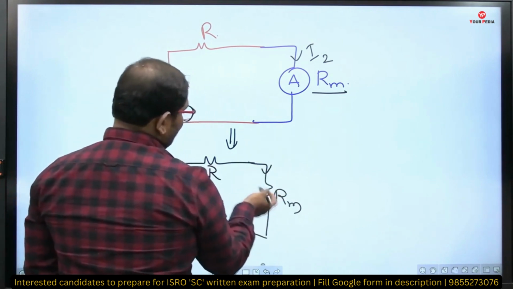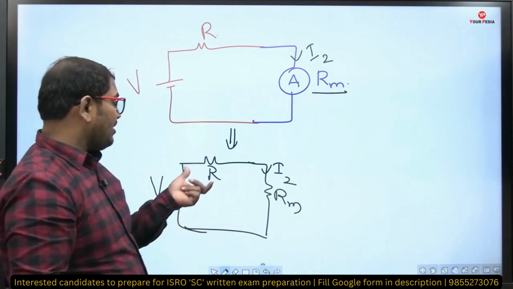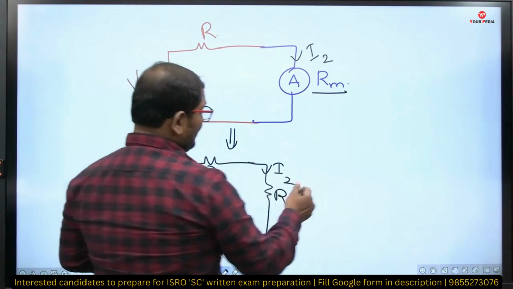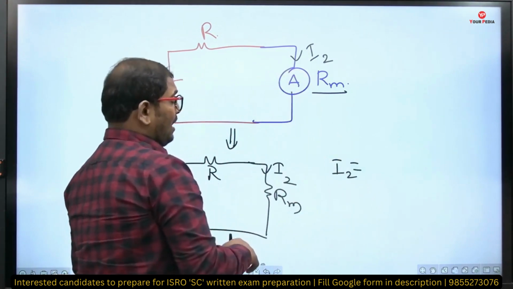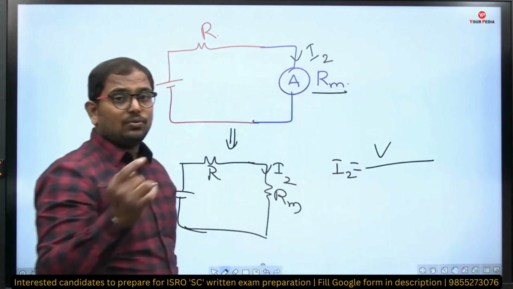Now two resistances are connected in series. What happens to the resultant value? The resultant value is the sum of these two resistances. So what is the current you will get? The new current value measured in this ammeter will be equal to the ratio of voltage to resistance.